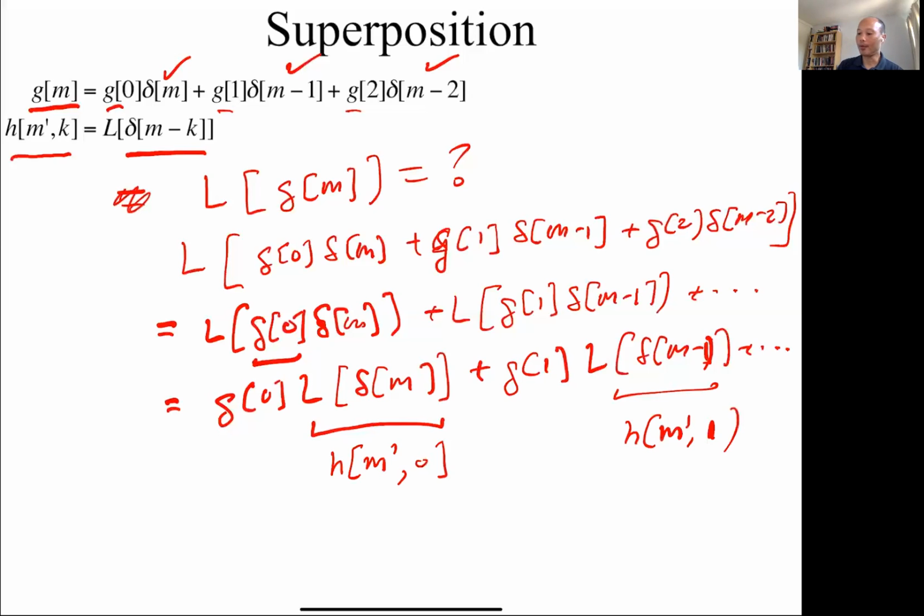So you're seeing that the output to any arbitrary input is just going to be a weighted sum of individual impulse responses multiplied by the weights. All right, so that's the general idea, and that's why we wrote the signal as an expansion, because since things are linear, we can break out those effects, addition and multiplication.